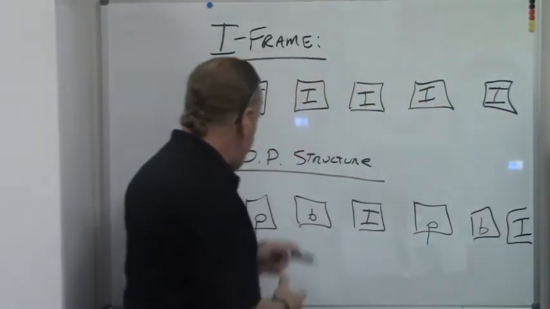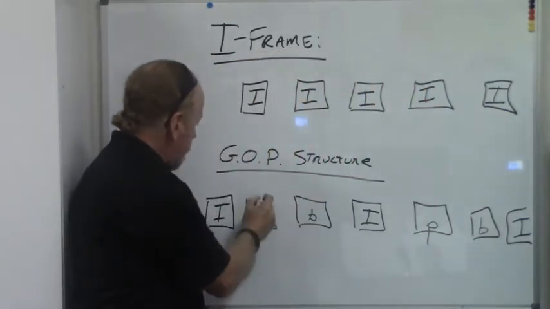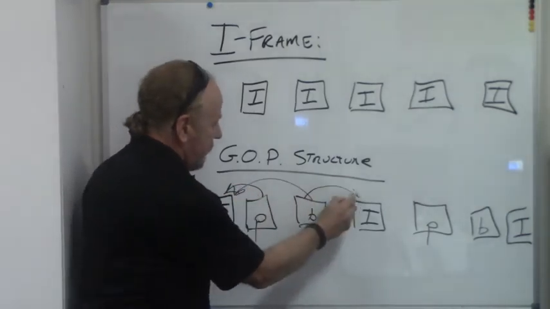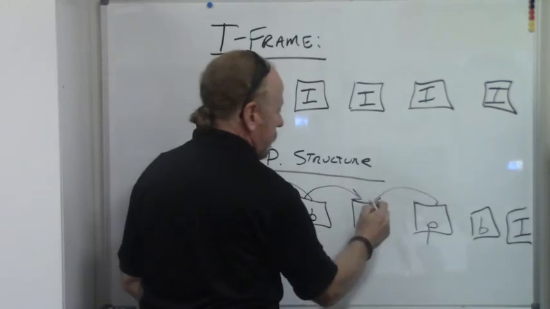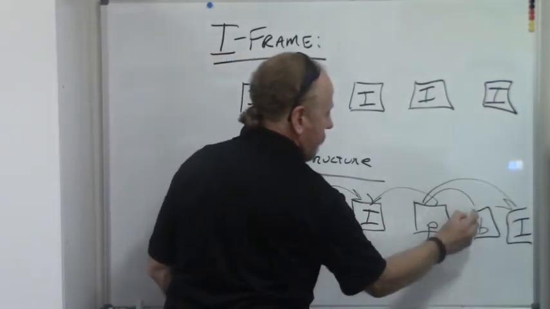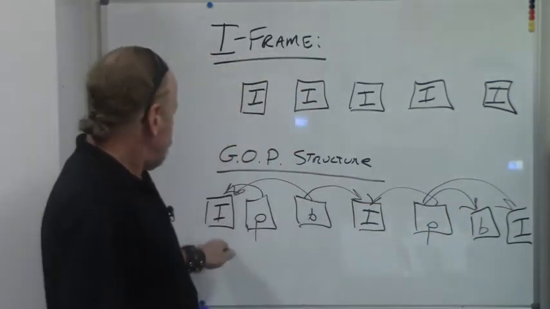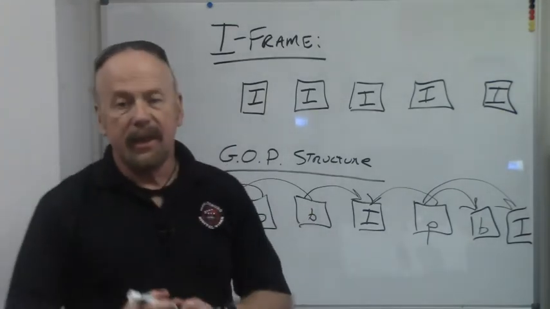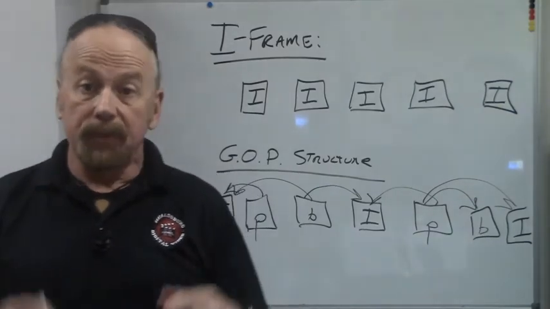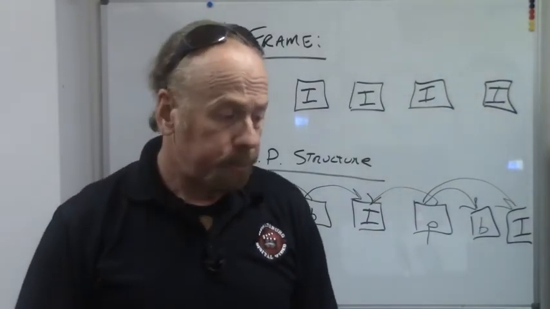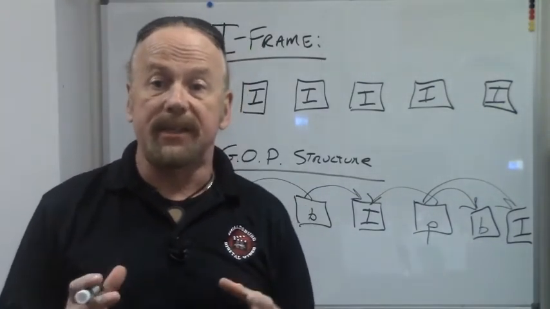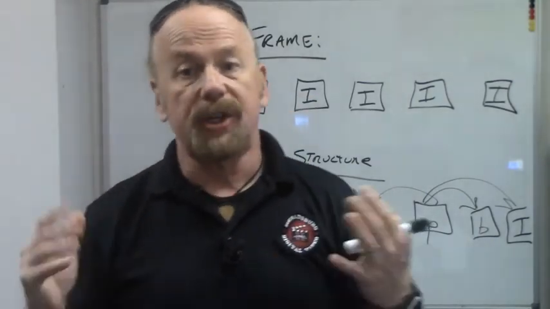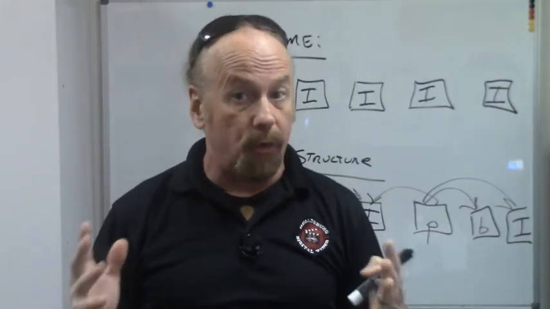And it gets the rest of its picture by referencing iframes. So by doing this, it allows decent quality video, but you save space. Every full image isn't being recorded. You know that pictures can get really big. You know that videos can get really big.